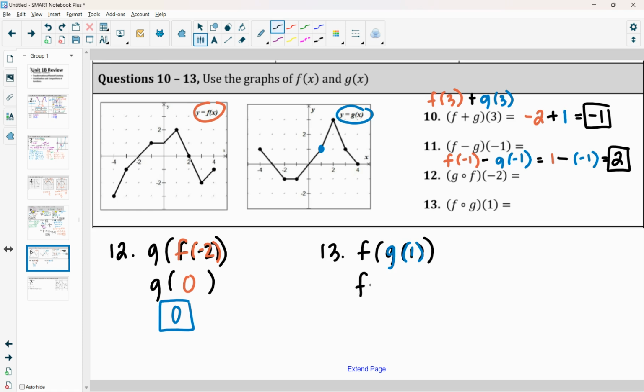Now we'll be doing f of 1. We'll go to the f function and look at x equals 1. That equals 2. So the overall f of g of 1 is 2.